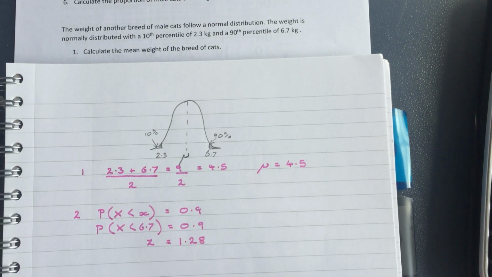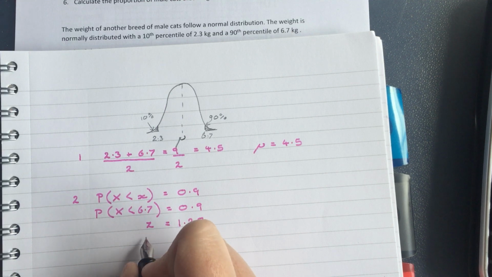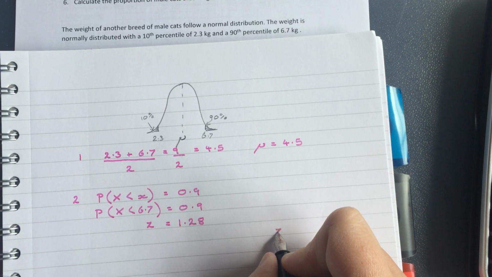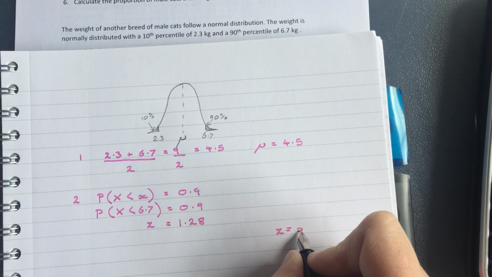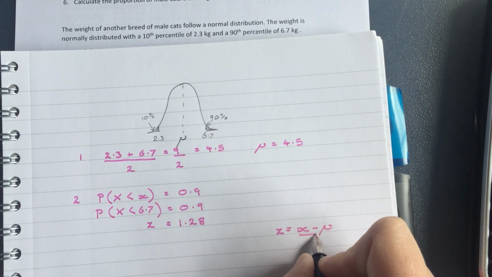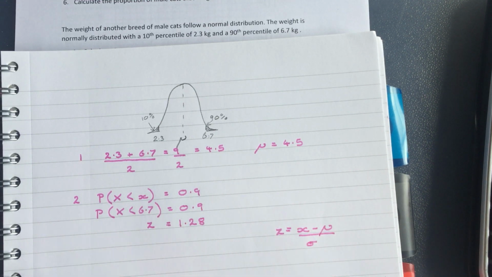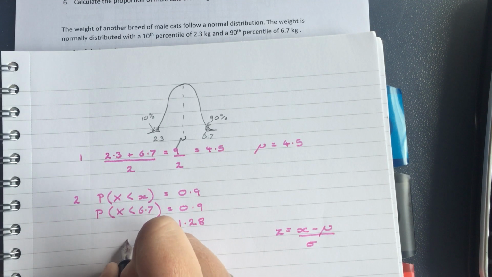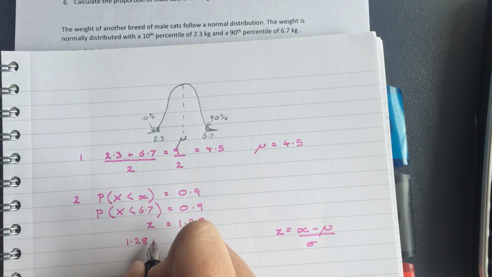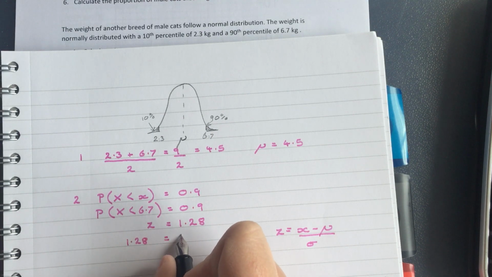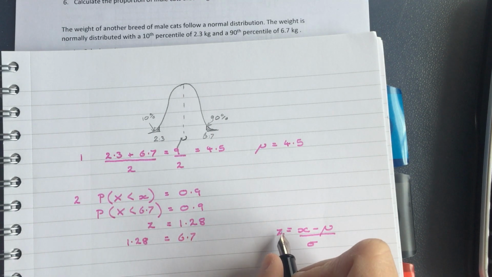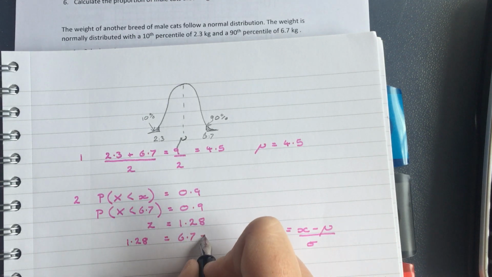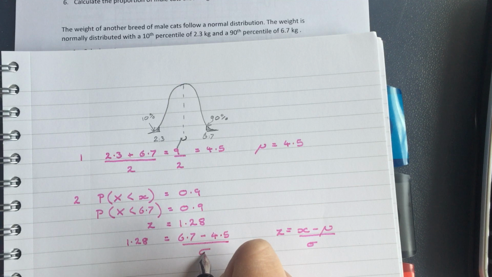So we can use the standard equation, which is that z is equal to x minus mu over standard deviation. We can put in the things that we know. So we know what z is, we know what x is, we know what the mean is. The only thing we don't know is the standard deviation, which is what we've got to calculate.